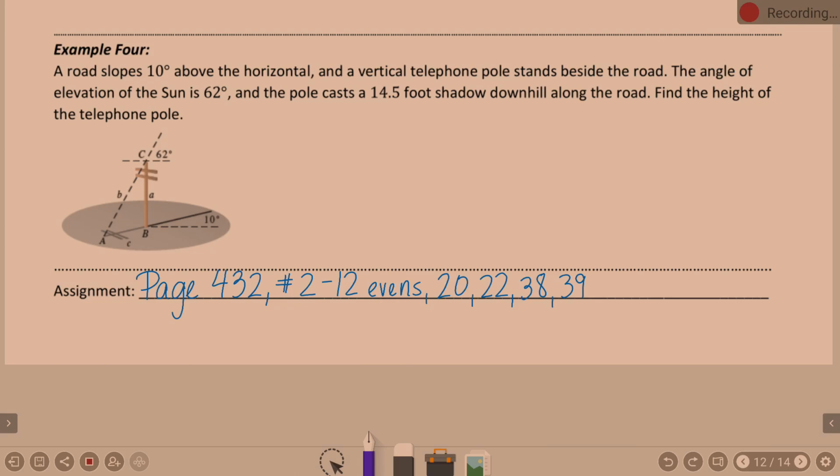So that side is 14.5 from A to B, or we could just say C is 14.5 because they do have it labeled as side C. Now, find the height of the telephone pole. What are we being asked to find? A.